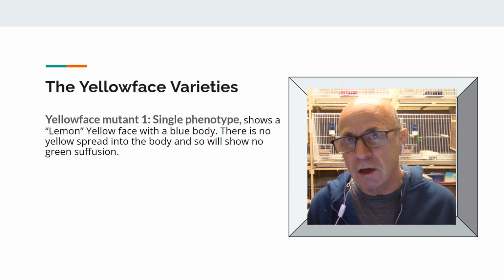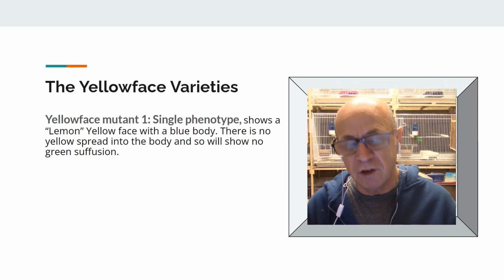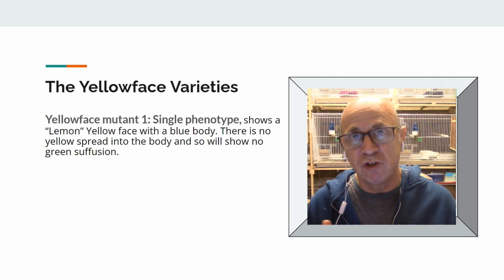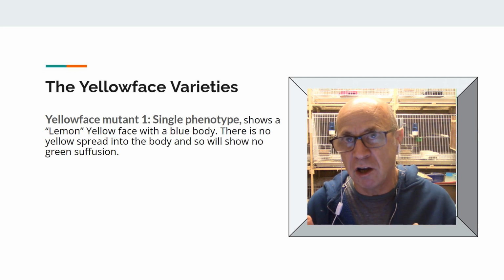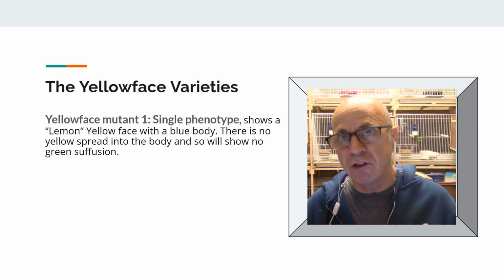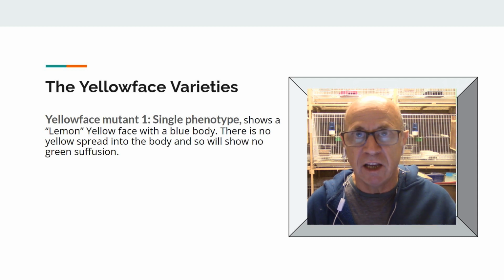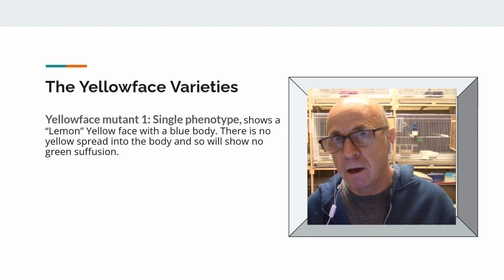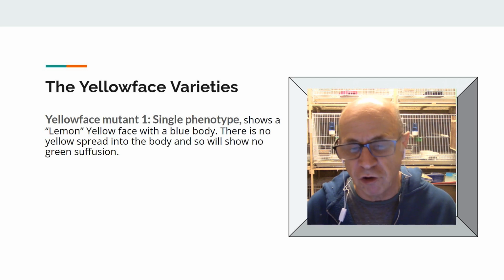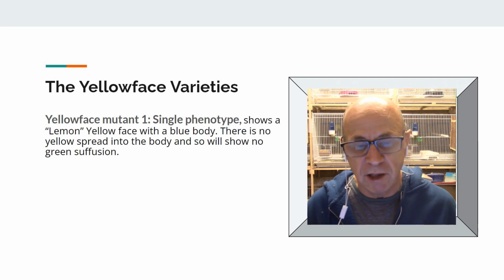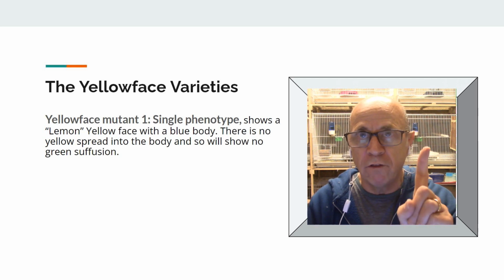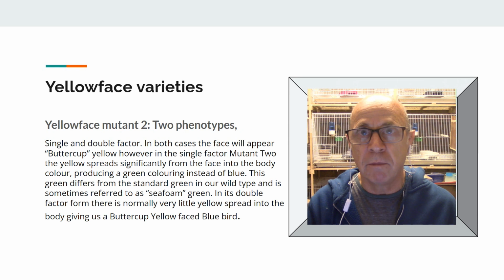Of all of the three mutations of Yellowface, this one appears to have the lightest, or generally speaking, appears to have the lightest colour of yellow in the face and the clearest body. And if you look at the description of the Yellowface in the BS colour guide, this is the one that most fits that description. Not to say the others don't, but this is the one that I think seems to most fit that description. So that's the Yellowface Mutant 1, one phenotype for that mutation.